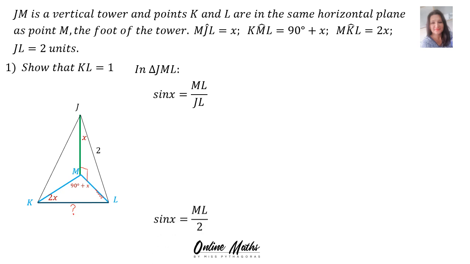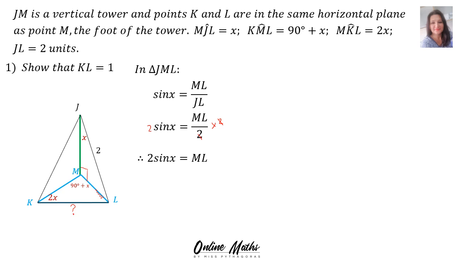Then we can substitute in JL's place the length. It was given that it's 2. And then we can make ML the subject of the formula, the link between the two triangles. So we will multiply the 2 away, both sides, and we end with ML is equal to 2 sin x.